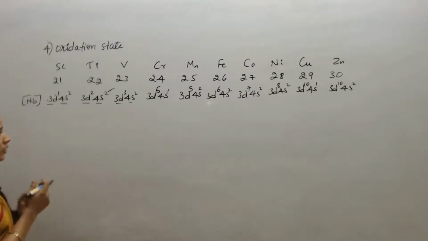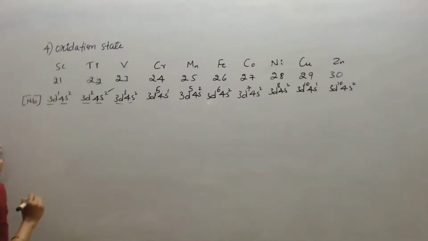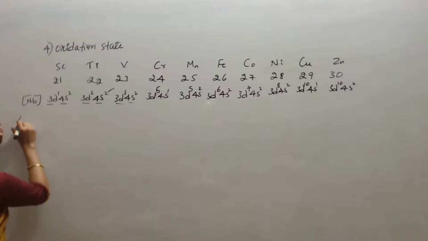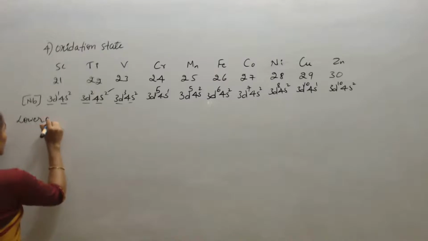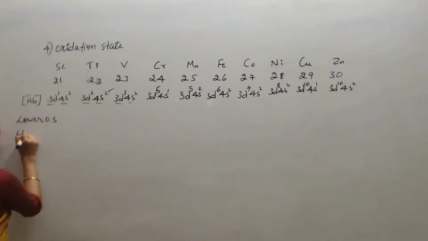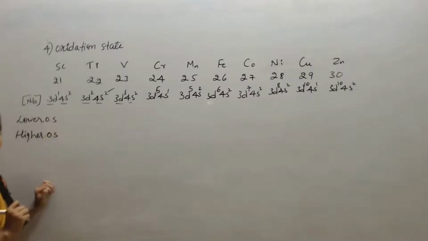Okay. So here what happens? It shows two types of valencies: a lower oxidation state as well as a higher oxidation state. Okay, these D block elements show lower oxidation state as well as higher oxidation state.